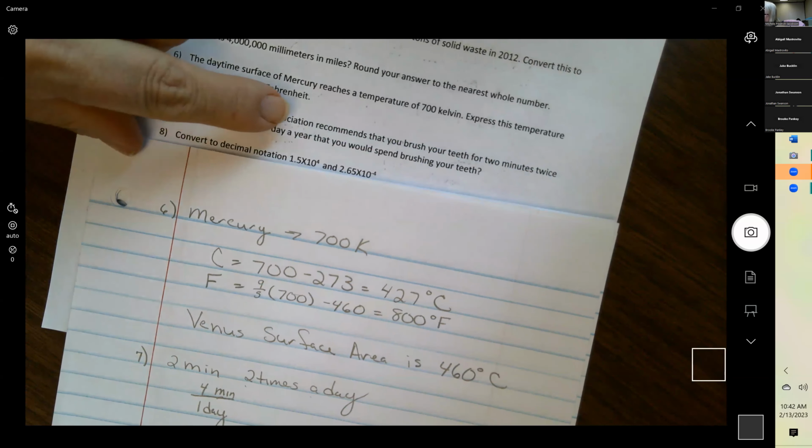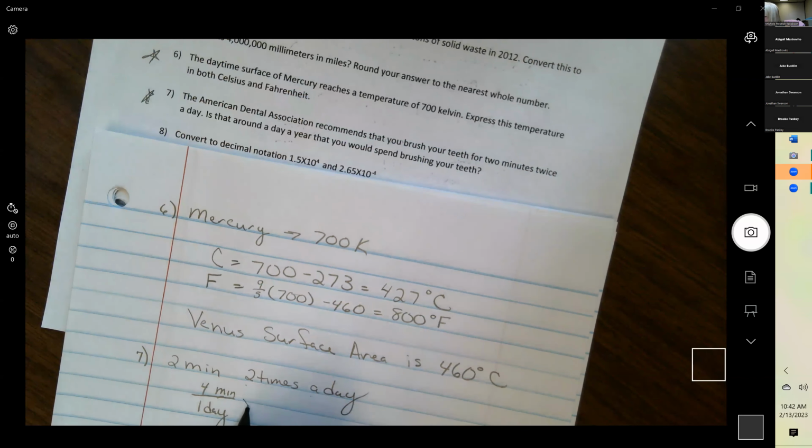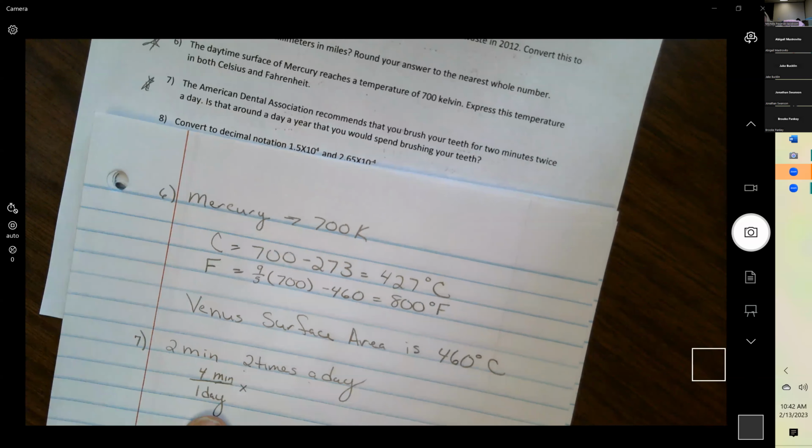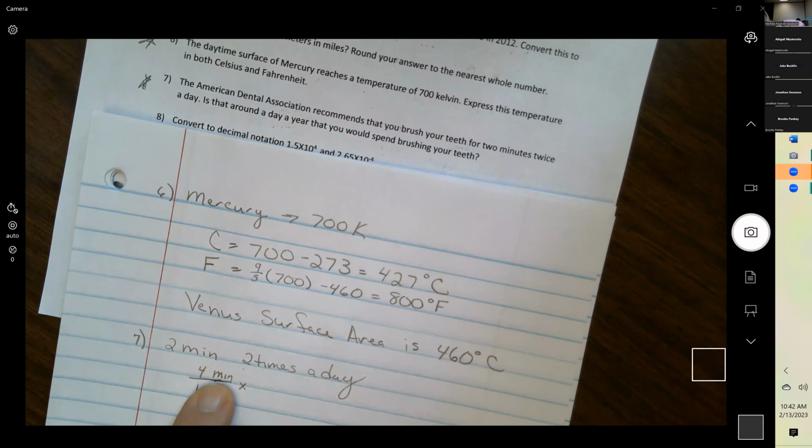And we want to know years. So I would convert days to years and minutes to days, because we want days per year. It's up to you which way you want to convert.